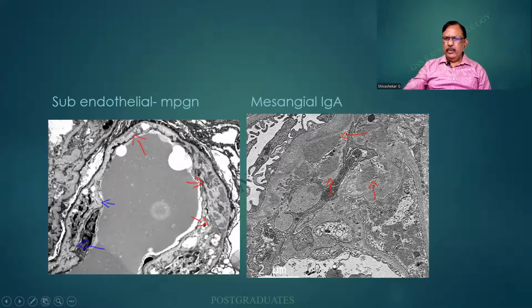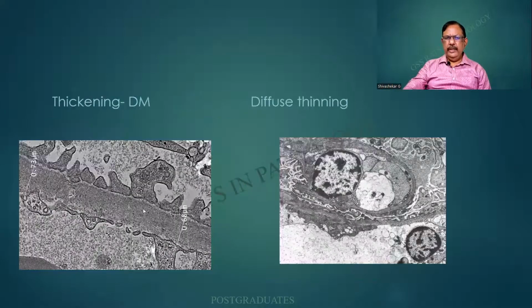Mesangial, sometimes within the mesangium itself, you will be able to see. Here there is a mesangium, and in that there can be deposits. So thickening of the basement membrane, homogeneous, or there can be a diffuse thickening, thinning in the case of graft rejection, transplant reaction.